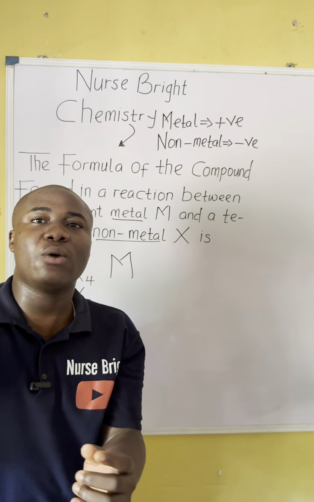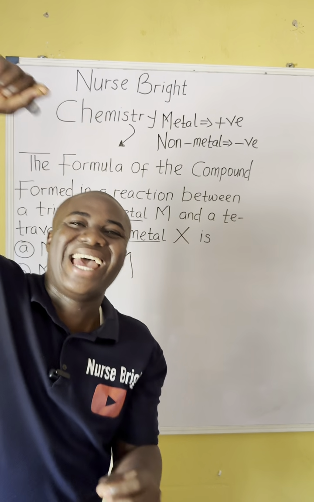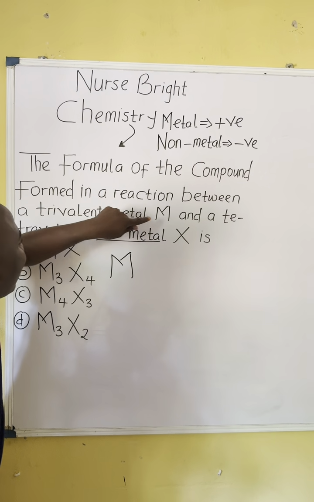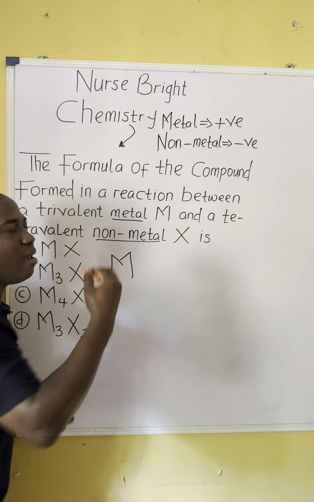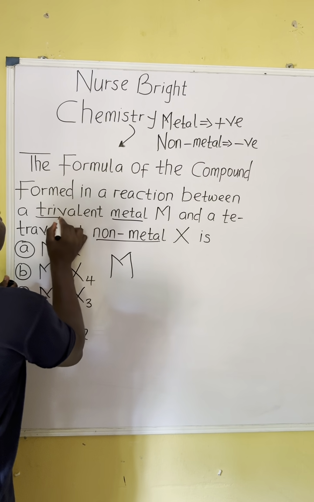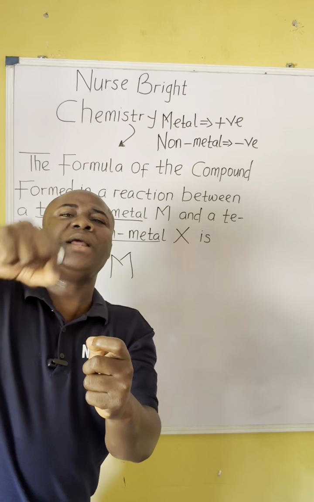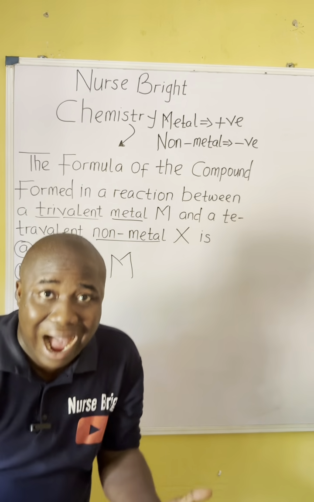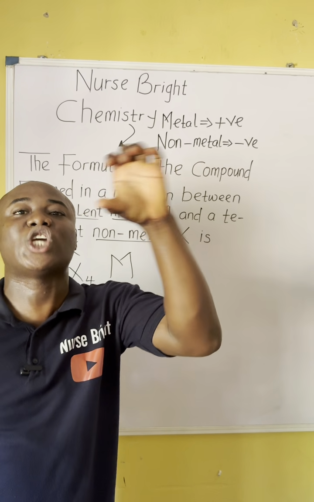And from the question, they were specific about the charges of these elements, which are metal M and non-metal X. They said that the metal M was what? Trivalent. What does the word trivalent mean? It simply means that the metal was charged, and specifically it has a 3 charge.